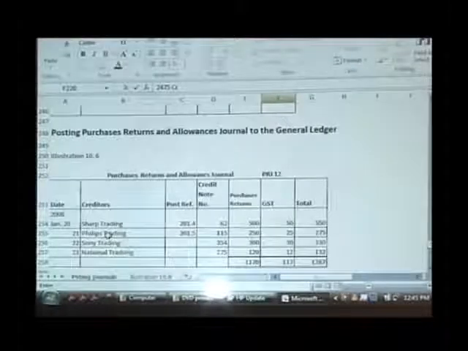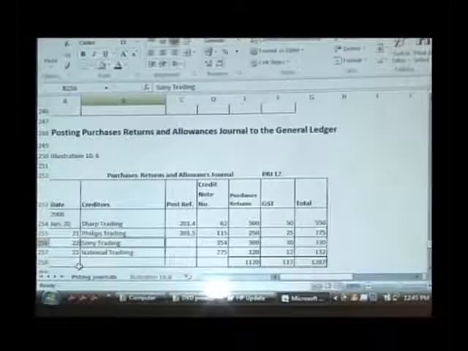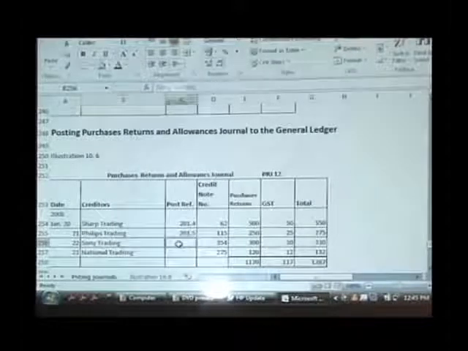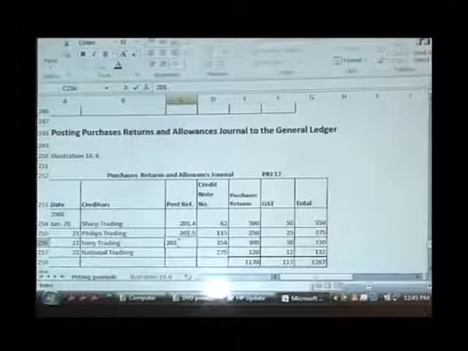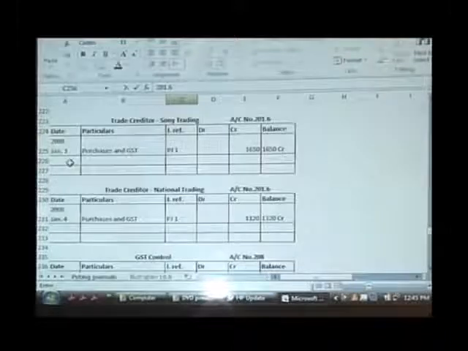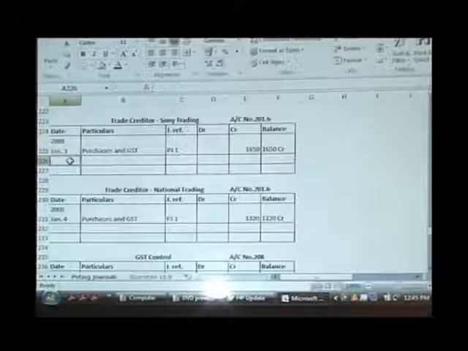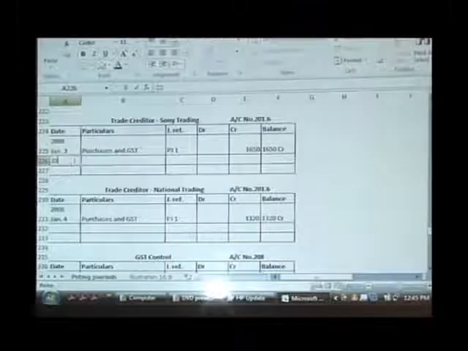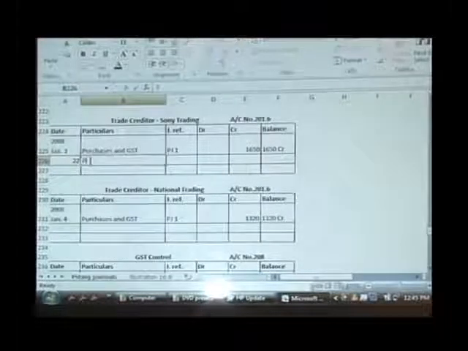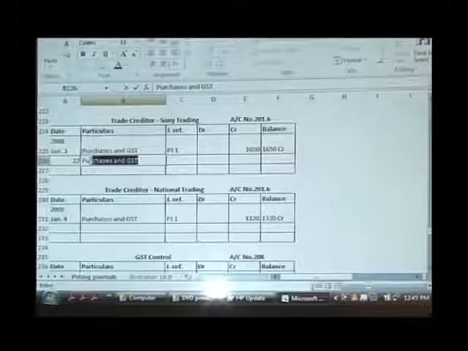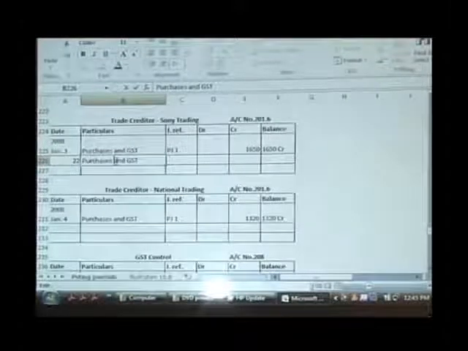Next is Sony Trading, account number 201.6. Sony Trading is here, and date 22nd, purchases returns and GST.